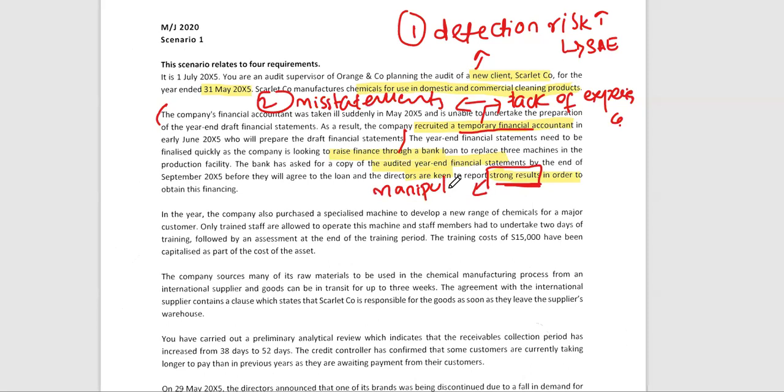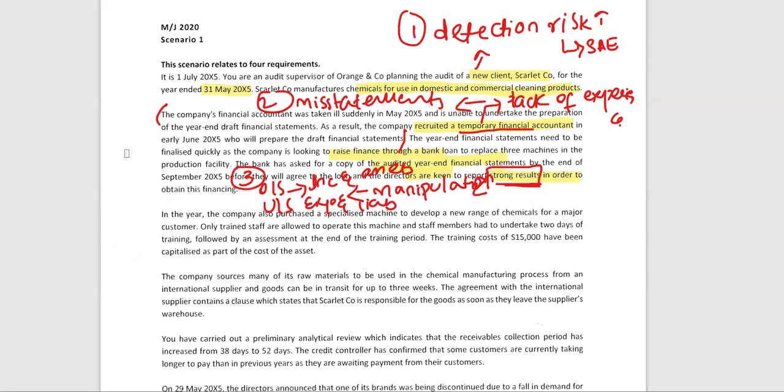They want to report such a good result in the form of financial statements that they obtain the secure financing. So I have a risk that they will try to overstate their income and assets and understate their expenses and liabilities. So this was the third risk here.